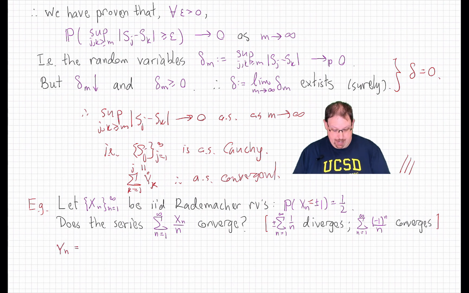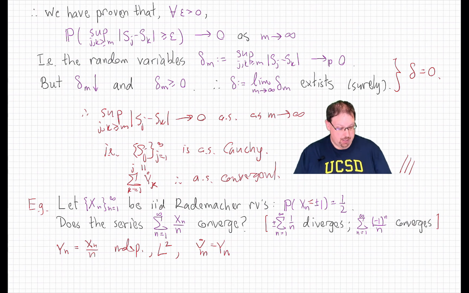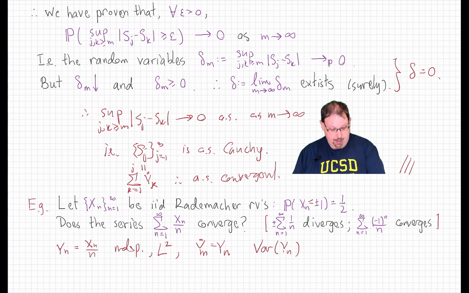If I let Yn equal Xn over n, these are independent. They're of course L2 because they're bounded random variables, and they're already centered because the Rademacher random variables are centered. Now if I just calculate the variance of Yn, that's the expected value of the centered Yn squared, which is the expected value of Yn squared, which is 1 over n squared times the expected value of Xn squared.